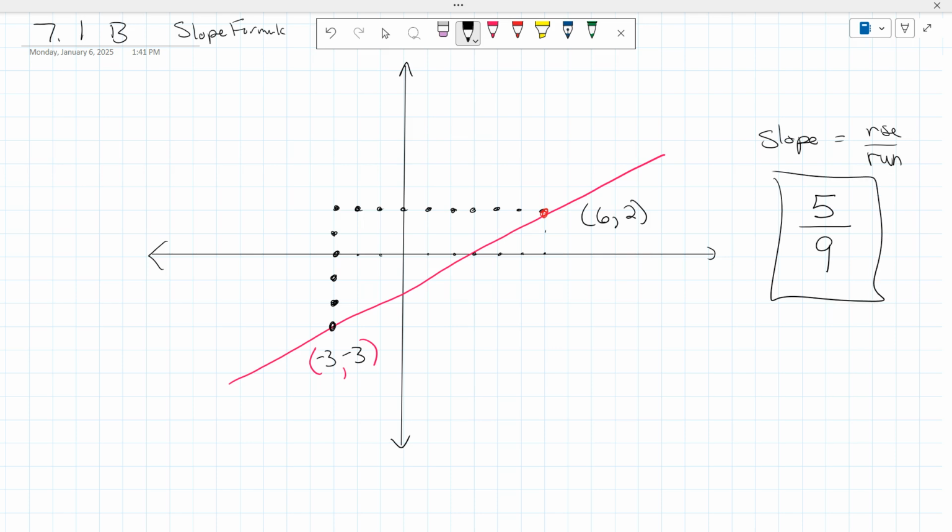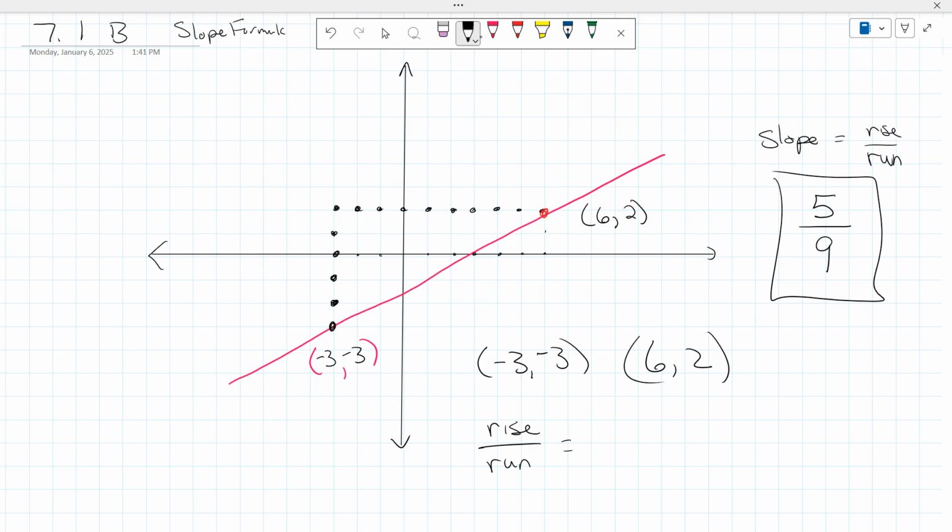Okay? But what if I didn't have the line? What if I only had the ordered pairs? I need to figure out my rise over my run if I have ordered pairs. So my rise, does rise involve X numbers or Y numbers? Y numbers. And run involves X numbers.